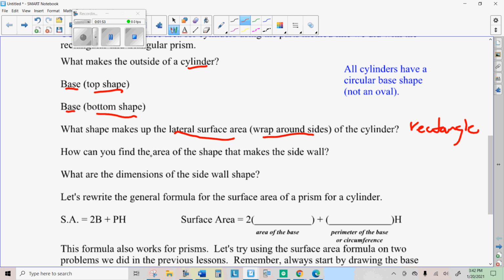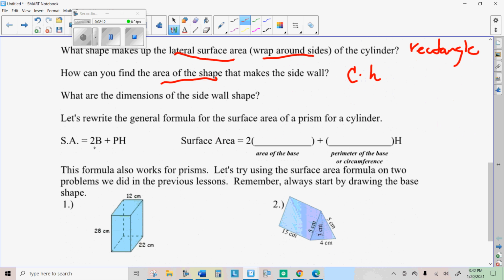And you can find the area of the shape that makes a side wall by multiplying the circumference times the height. The dimensions of the sidewall shape will be circumference and height. Okay, so the general formula looks like this, and I've showed you this already. Add two bases, and then take the perimeter times the height.